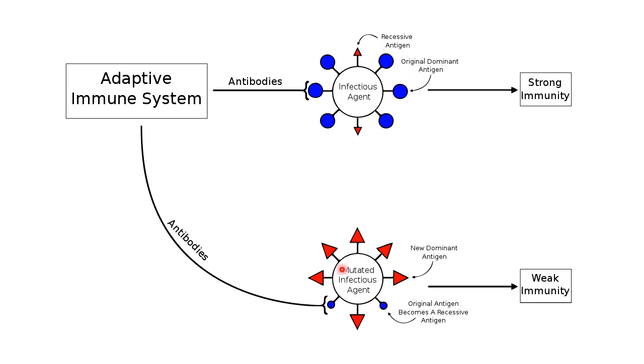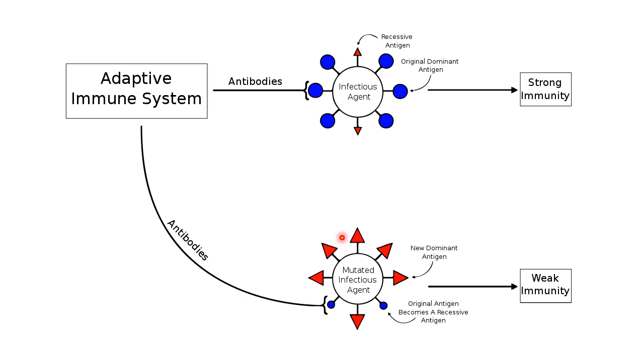But in case of influenza viruses or coronavirus, what happens is the original antigen to which this particular primary response was elicited, that is your dominant antigen, will become recessive and there will be a new dominant antigen which is being created. So what will happen? The body will recognize the antigen, but it is only a recessive antigen. It is not dominant.